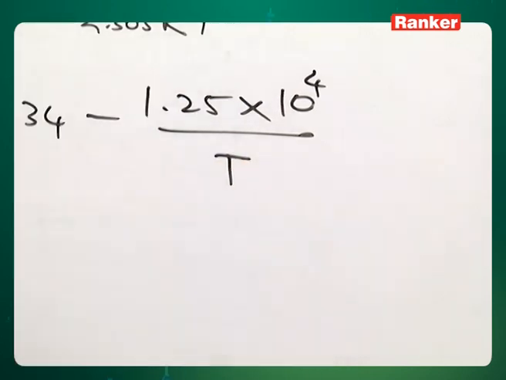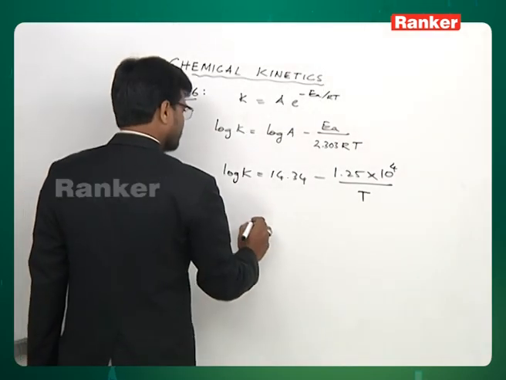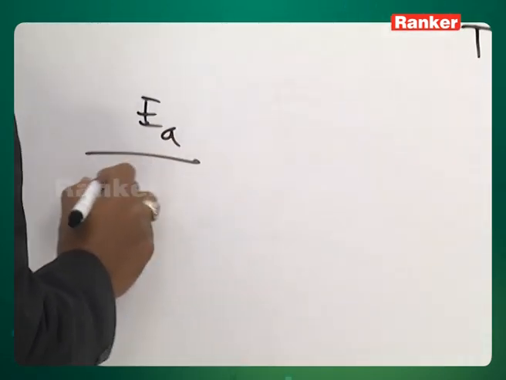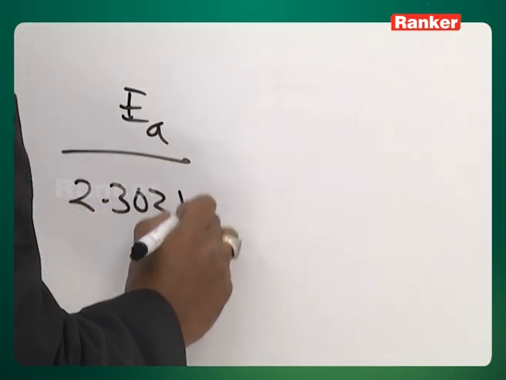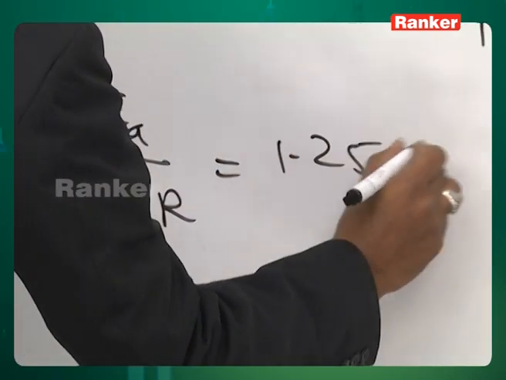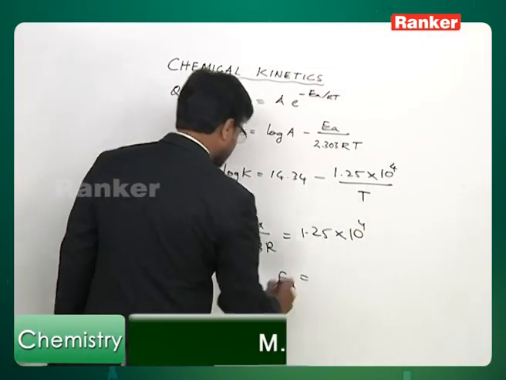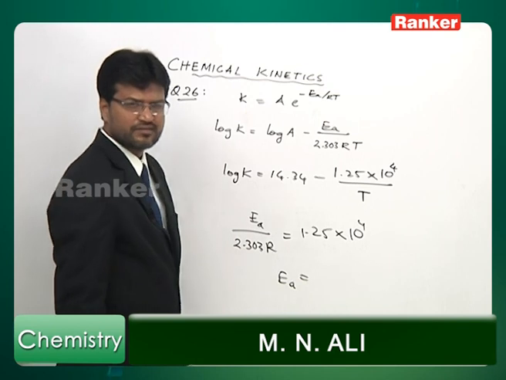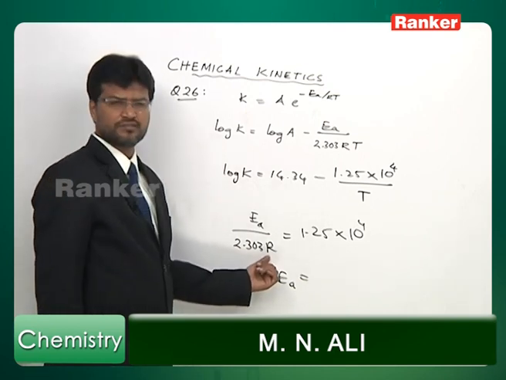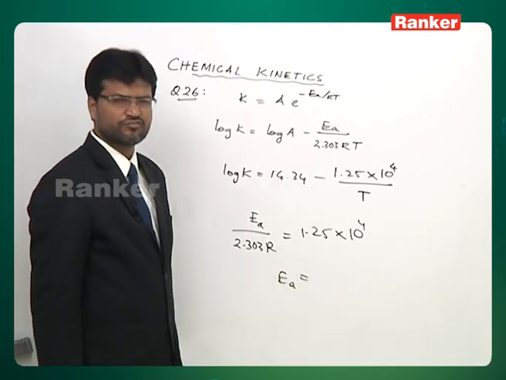So, on the basis of this you can say that EA by 2.303 R equals 1.25 into 10 raised to 4. From this you get the value of EA. R has to be taken in kilojoules per mole, that is 8.314 into 10 raised to minus 3 kilojoules per Kelvin per mole.